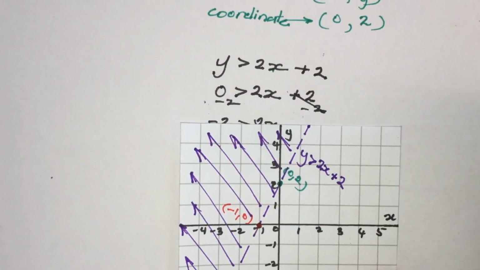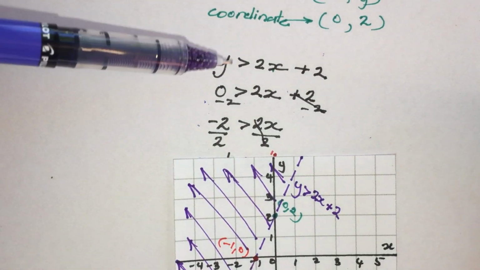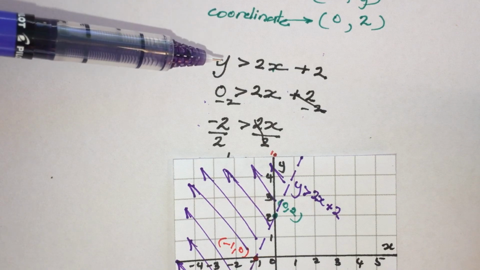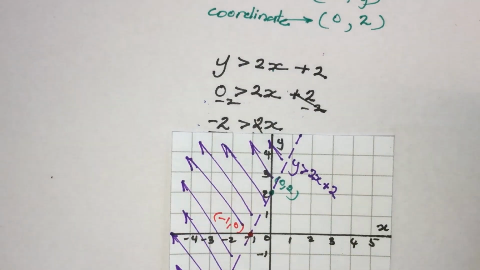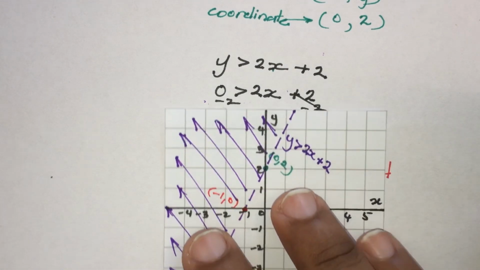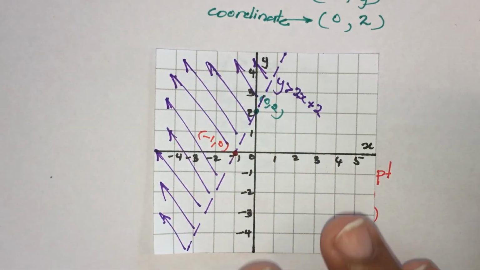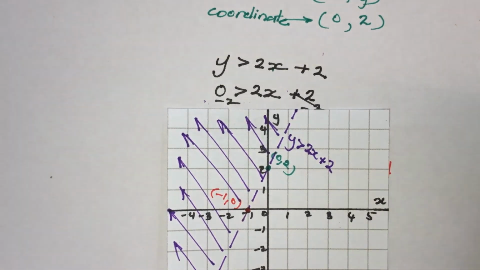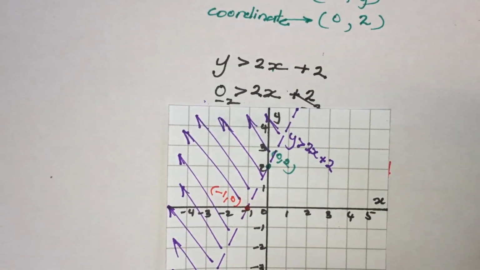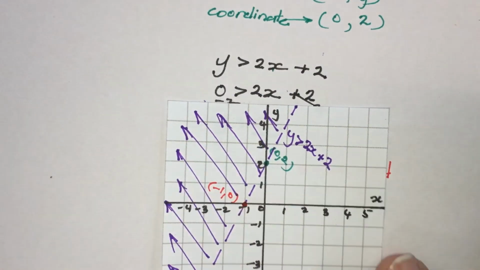The type of line that we're going to draw depends on the inequality sign. If it's greater than or less than, we use broken lines like this. Or if it's greater than or equal to or less than or equal to, we draw a solid line. And the shading, remember from the previous videos, if y is greater than, we shade above the graph. If y is less than, we shade below the graph. All right?